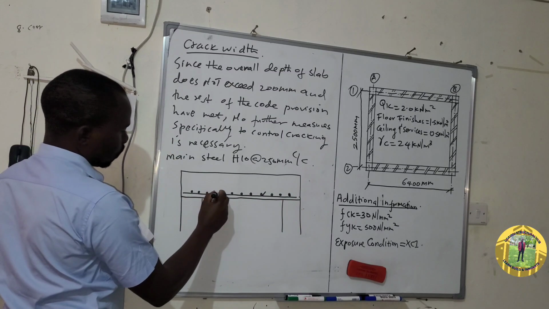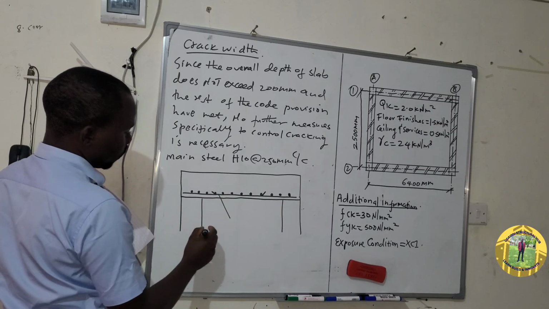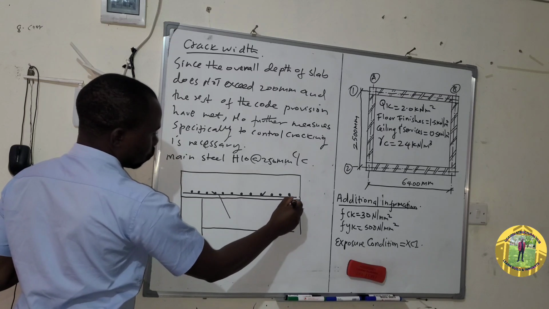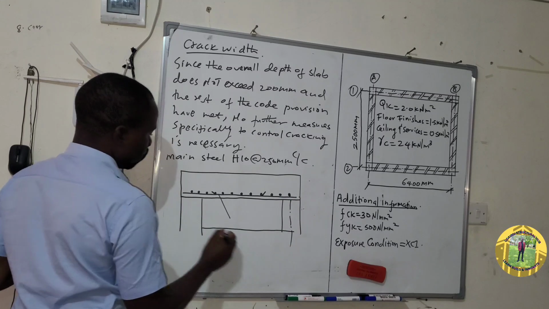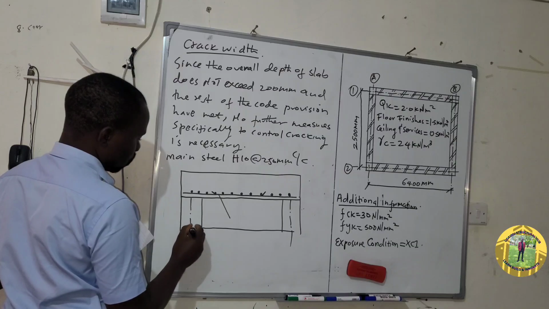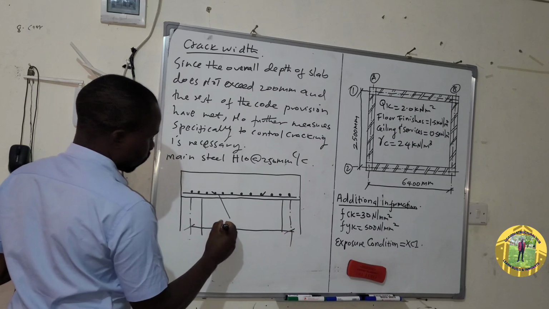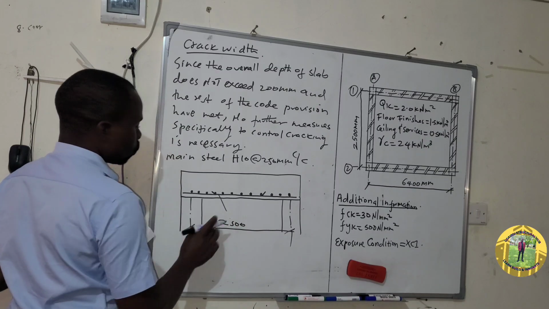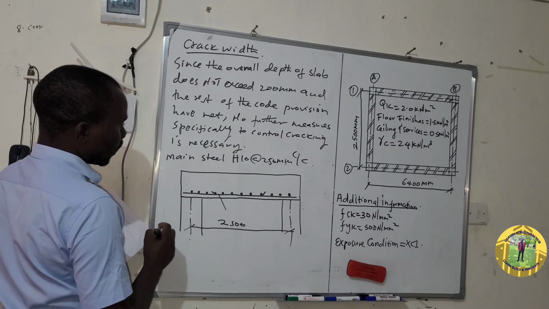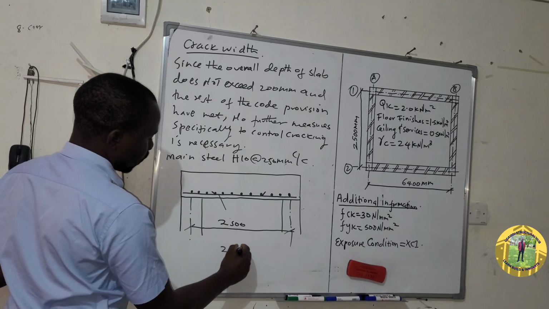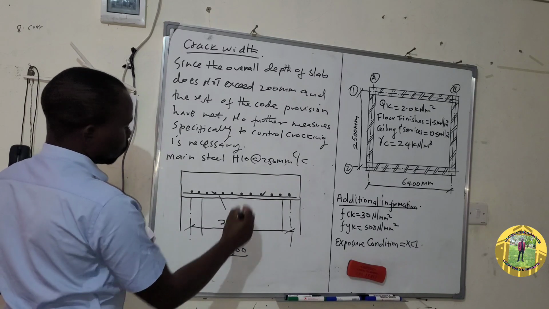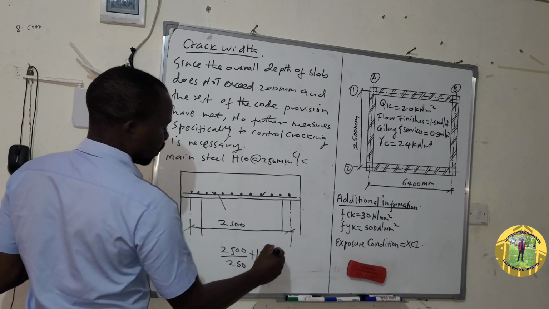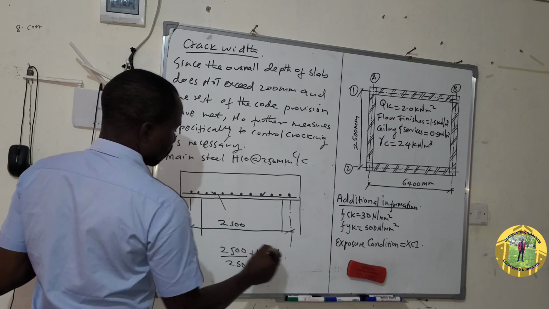So this one will be distributed at a span of 2.5 meters. So this is 2500. So to get the number of steel, you'll take 2500 all over 250, then plus 1. You will get 11 in number.